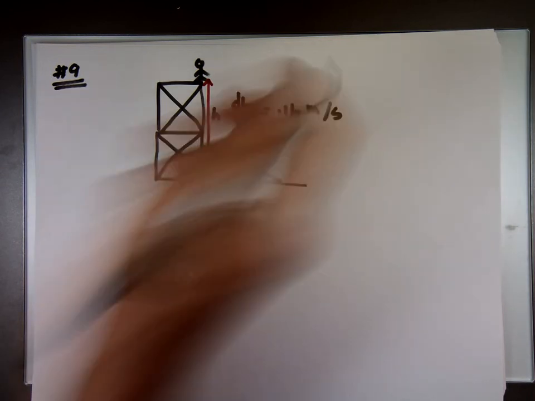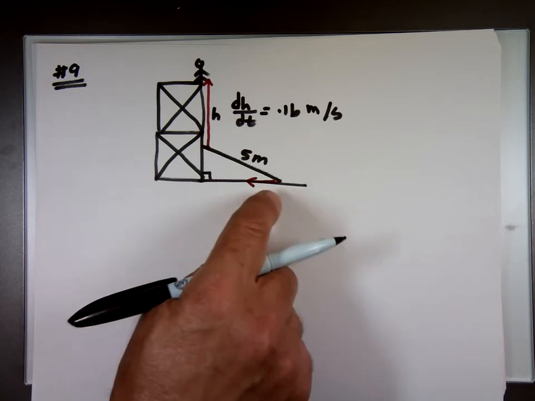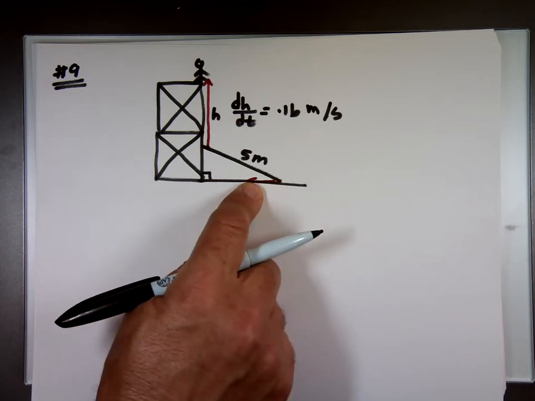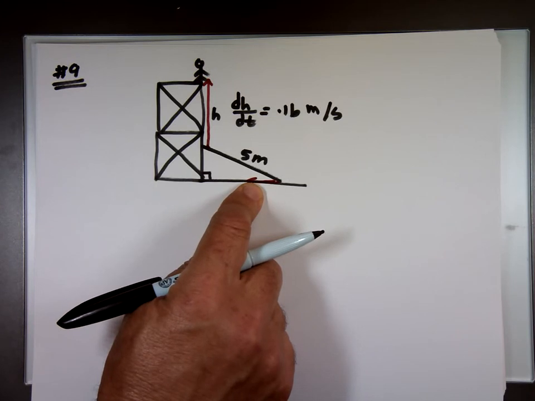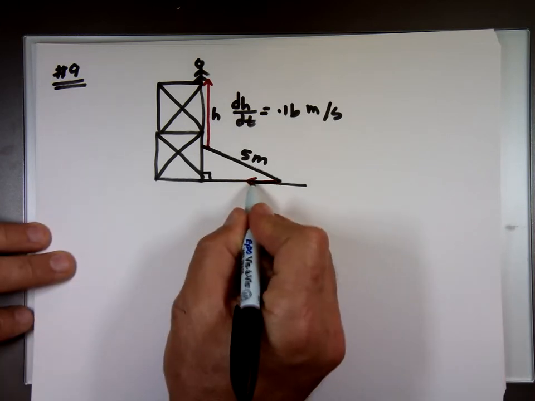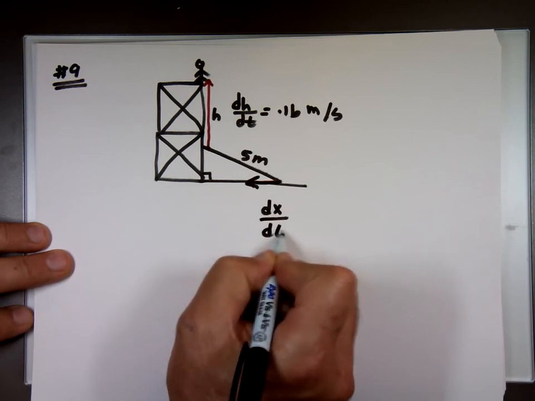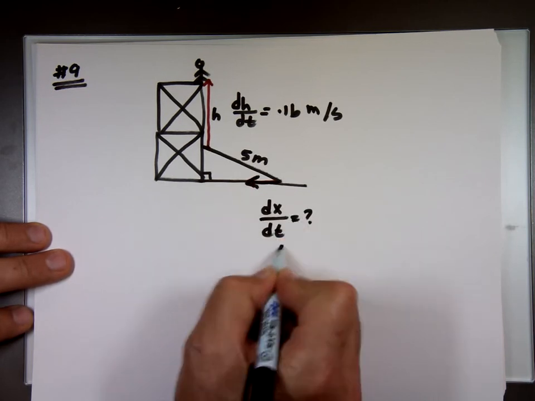Changing distance over time is speed. How fast is the end of the plank moving along the ground if it is 2.5 meters from the wall? Let's call this distance x. What is dx/dt equal to when x equals 2.5?